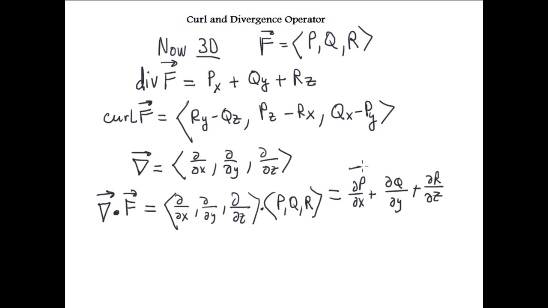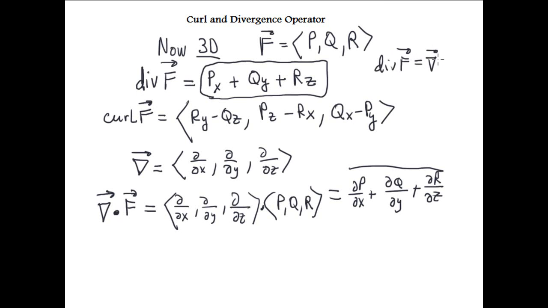And it's exactly the same as this formula. Different notation, but it's the same. So nabla dot product F represents divergence. Conclusion: divergence of F is equal to nabla dot F. Wow, I like this notation.